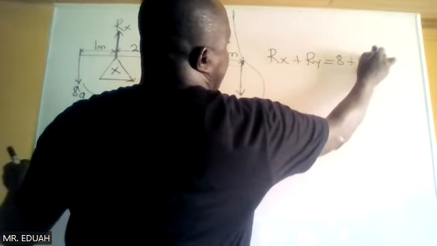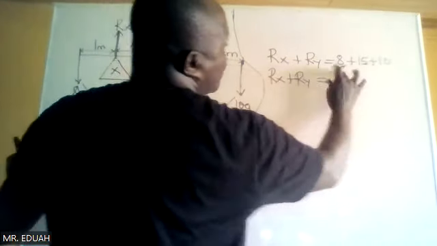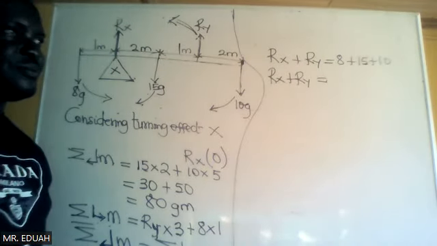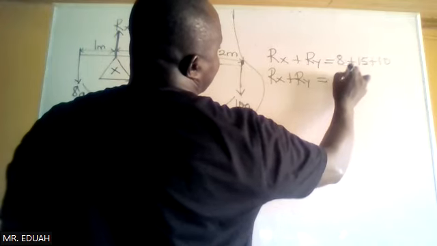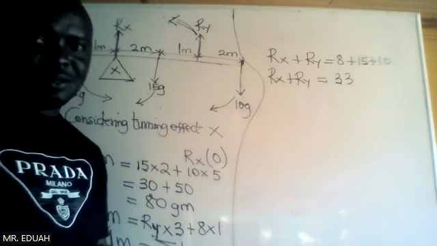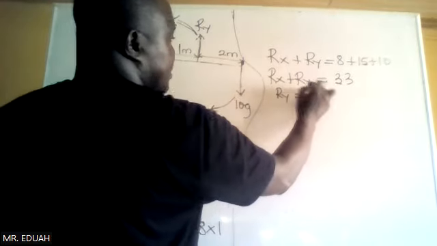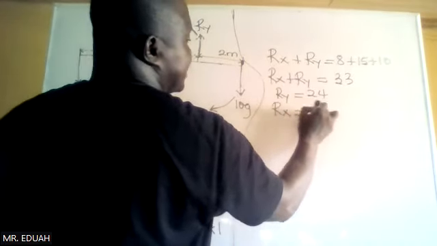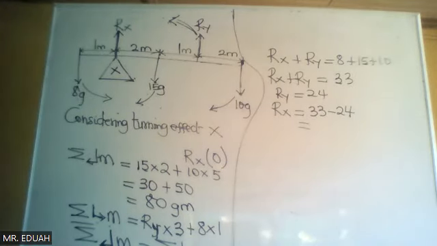That is 18 plus 15, which is 33. So Rx plus Ry is equal to 33. Having Ry to be 24, Rx therefore is equal to 33 minus 24, which is 9.